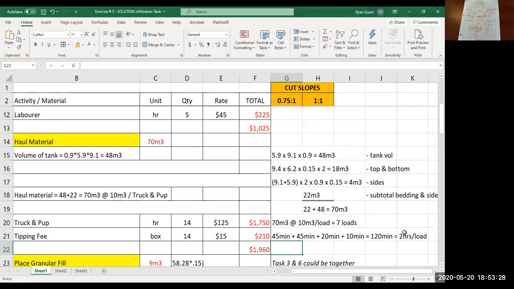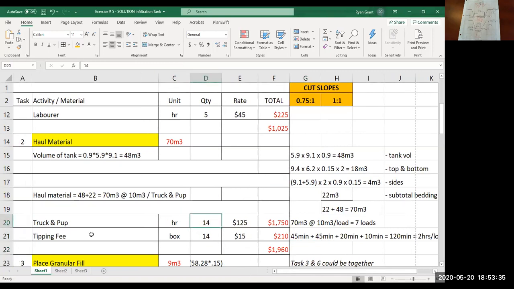So 2 hours per load times 7 loads is 14 hours of your haul units. Again, you're given the hourly rate for the truck and pup, and you're given the cost per box for the tipping fee. Any questions so far?